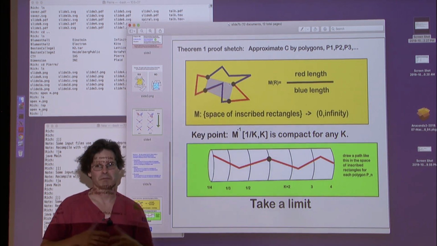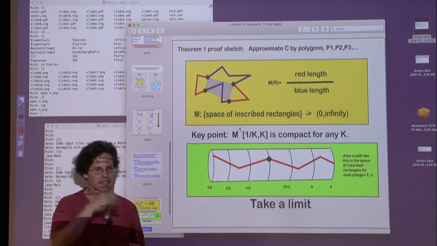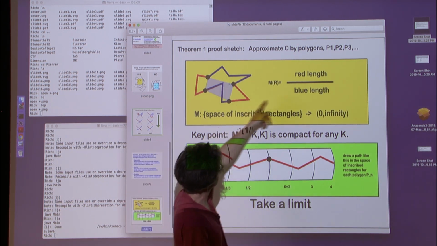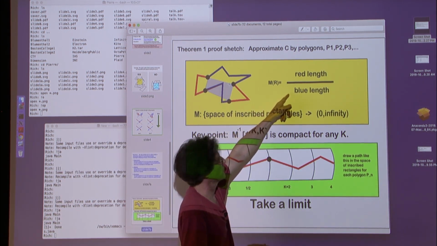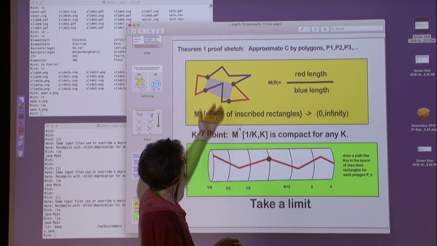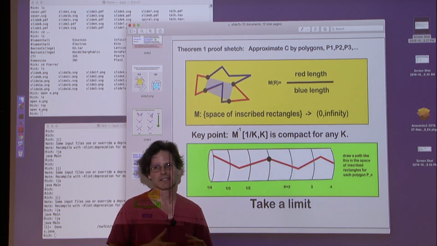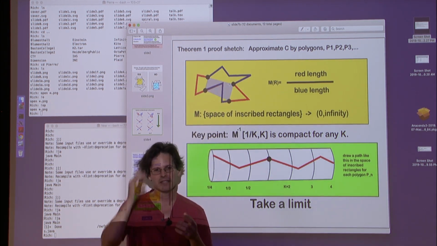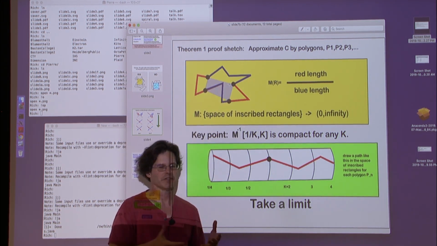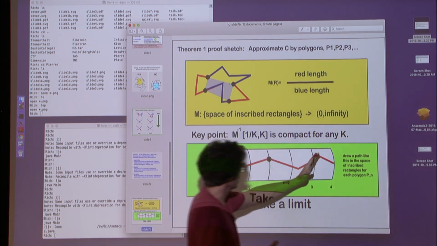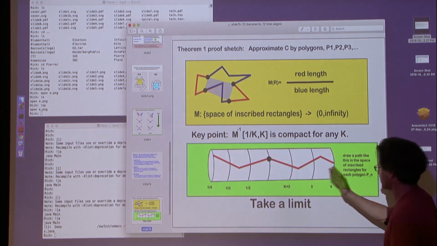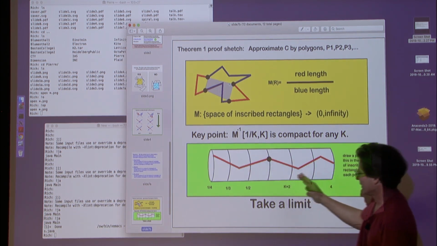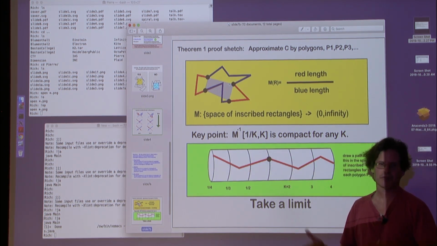It's a function from inscribed rectangles into the reals, and if you keep this invariant away from 0 or infinity, the set of rectangles you get are compact, because if they get really small, just one of these arcs becomes the whole thing, and so the invariant either goes to 0 or infinity. So if you keep the invariant, say, between 1/4 and 4, then just the things that map into here, it's a compact set or pre-compact set.